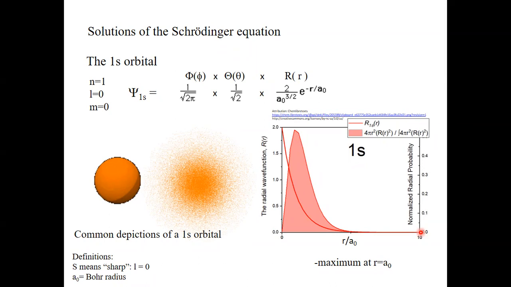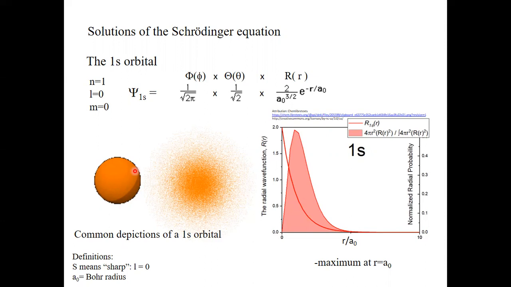So therefore, we introduce a specific definition for the size of an orbital, which is that the size of the orbital is basically defined by the radius that would define the volume in which the probability of the electron to be found is 90%.